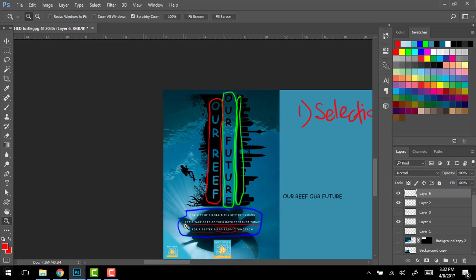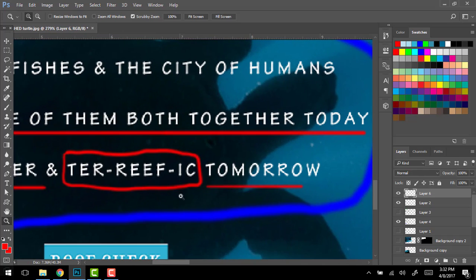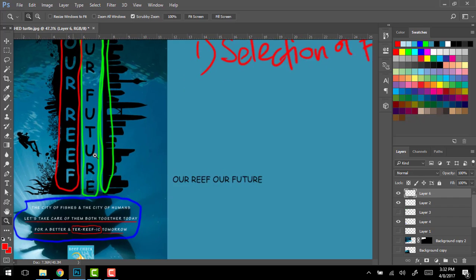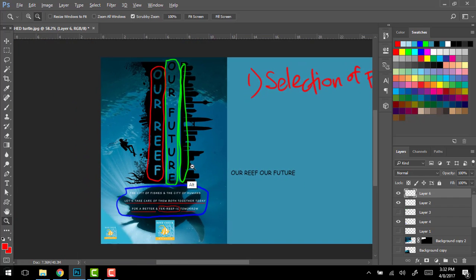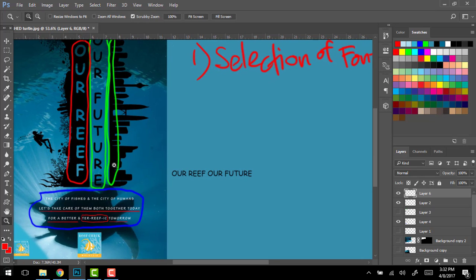But right now it feels like "terrific" here is a bit out of place in this poster. Okay, cool. And the last thing that I want to talk about is, so that's selection of font.